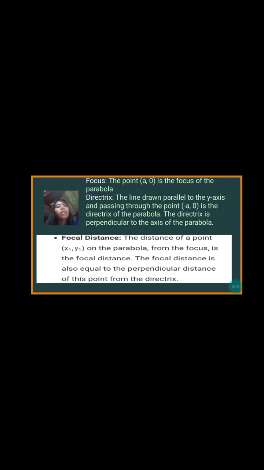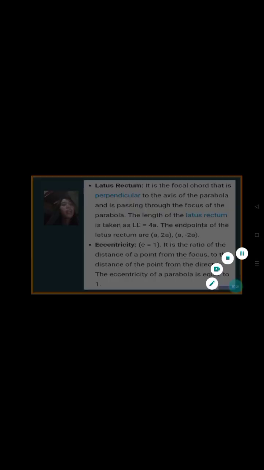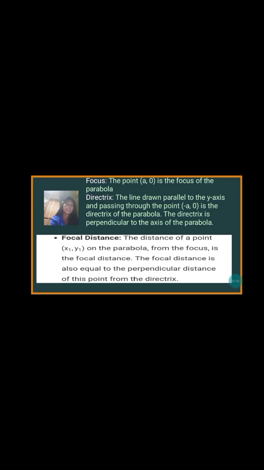Next we have some features for identifying the parts of a parabola. First we have the focus. The focus is the point (a, 0) of the parabola.